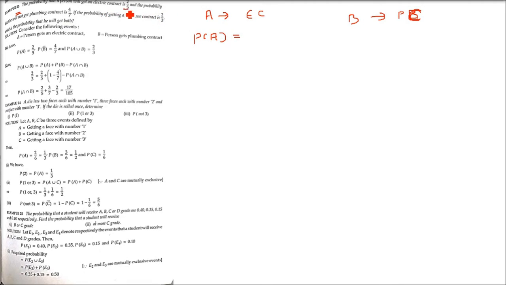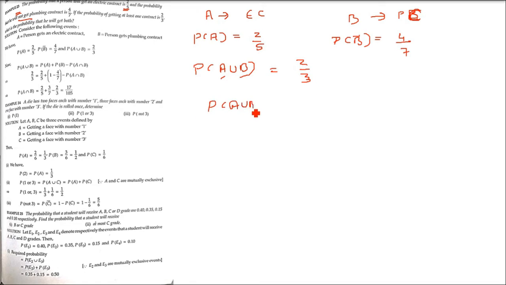The probability of not getting a plumbing contract is 4 by 7, so P(B not), the complement, is 4 by 7. One more thing is given: at least one contract. P(A union B) is given. Either he gets an electric contract or a plumbing contract or both. So P(A union B) is 2 by 3.